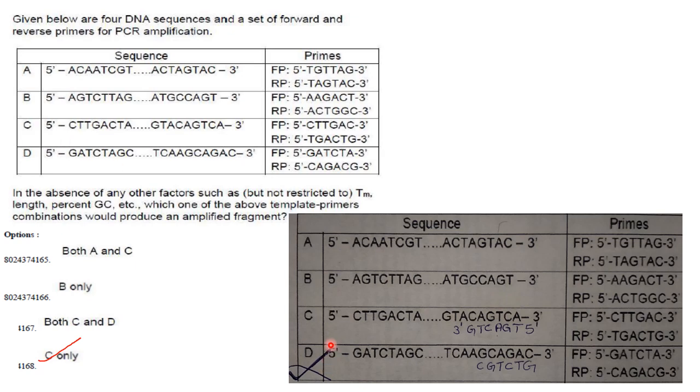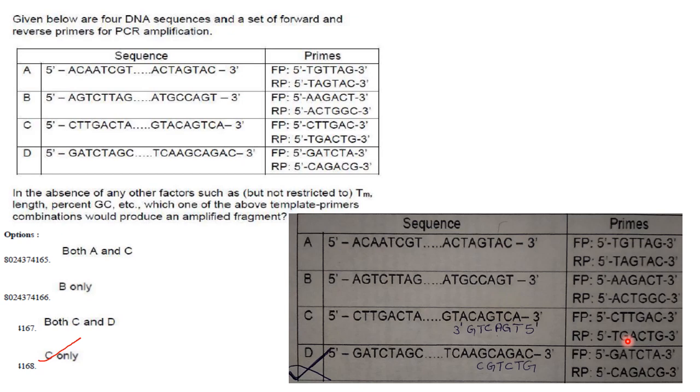Now if you take C, it is CTTGACTA. So CTTGAC, that is correct. Now the reverse primer is the complement, so if you read it in the 5' to 3' direction, it is TGACTG.